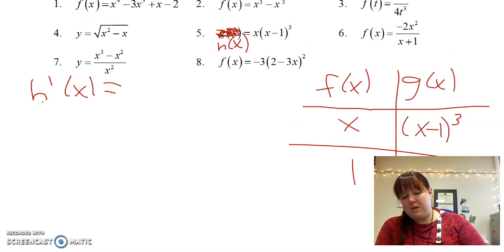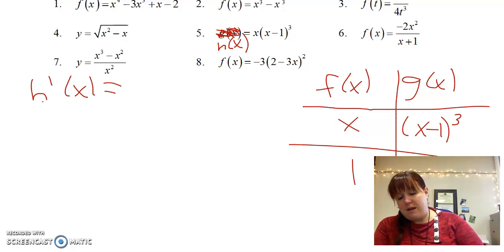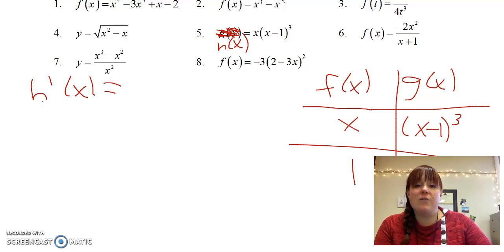So that would be 3 times x minus 1 times the derivative of the inside function, which happens to be 1, so it doesn't actually need a tack on there. And then this becomes the squared, right? So it's 3 times x minus 1 squared, and then the hook-on factor on this one would just be a 1 for the chain rule, because the derivative of the inside function is 1.